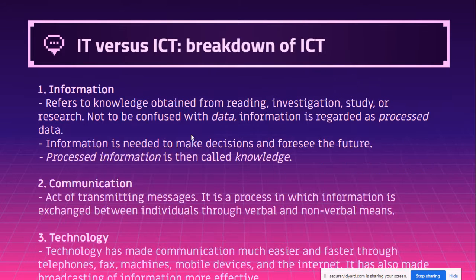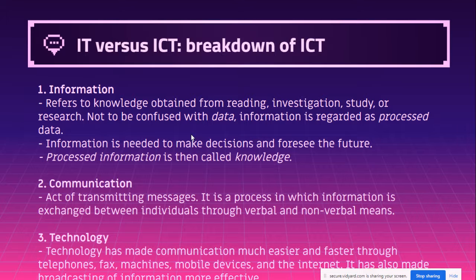So the breakdown of ICT is information, communication, and technology. When we talk about information, this refers to the knowledge obtained from reading, investigation, study, or research. Not to be confused with data, information is regarded as processed data.